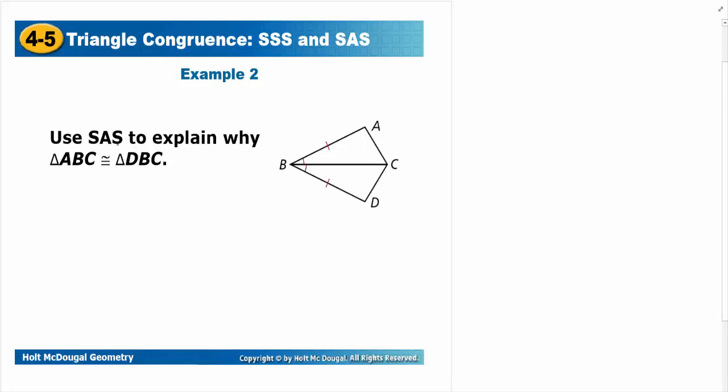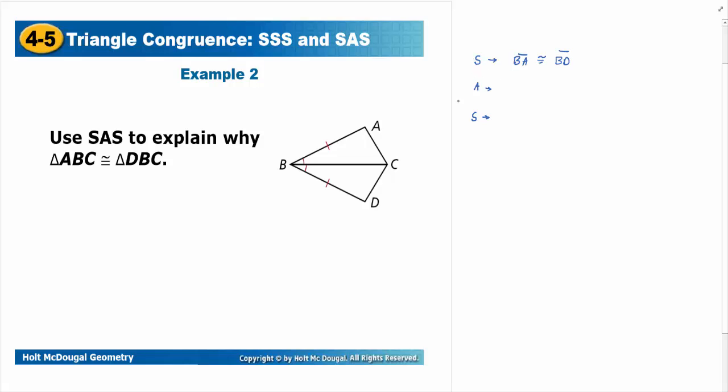So real quick, we're going to use side, angle, side to explain why these triangles are congruent. Let me write this up: side, angle, side. My sides here, I have to use my angle in between, but I have my sides that are given. I have BA is congruent to BD.